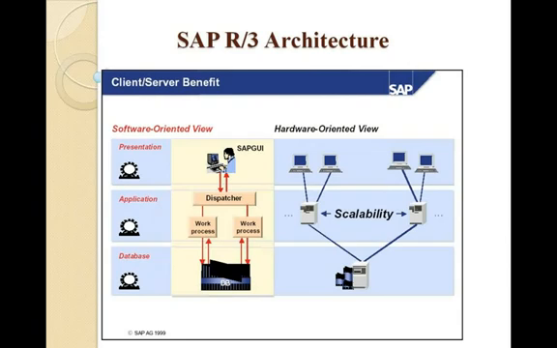To increase the data speed, that is your response time, we can go for multiple application servers, but the database server remains the same. Only one server will be used, but to increase the response time, you can go for multiple servers. This is what we call the SAP R/3 architecture, a client-server architecture.